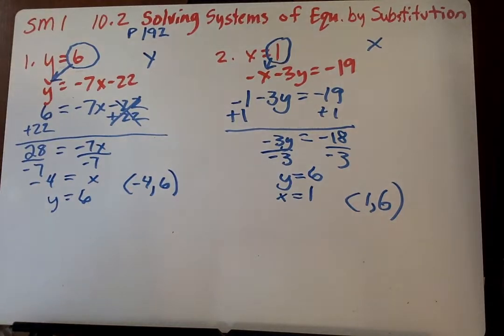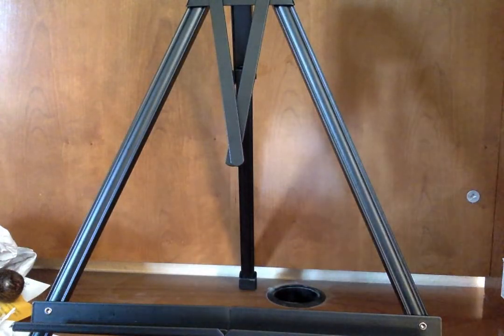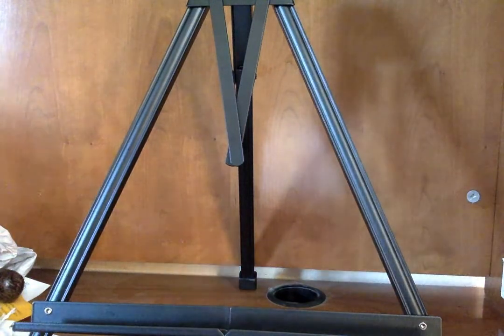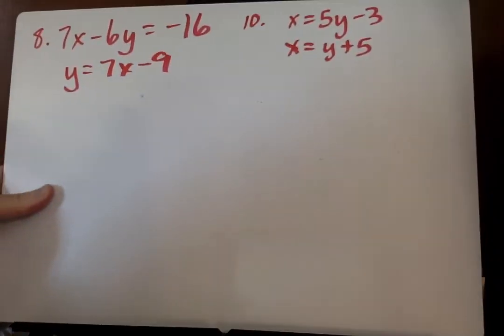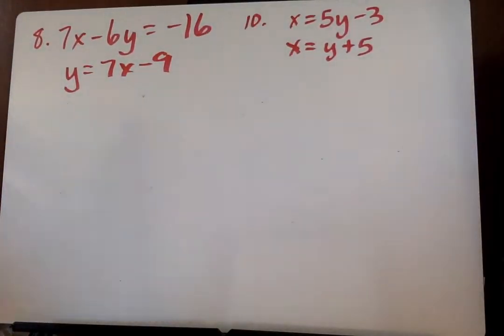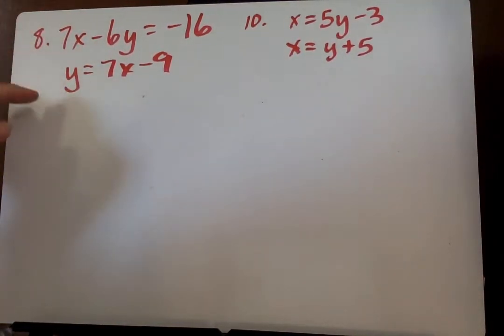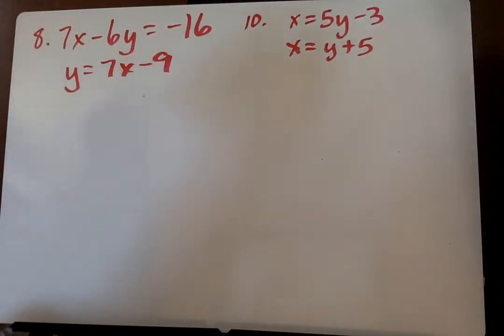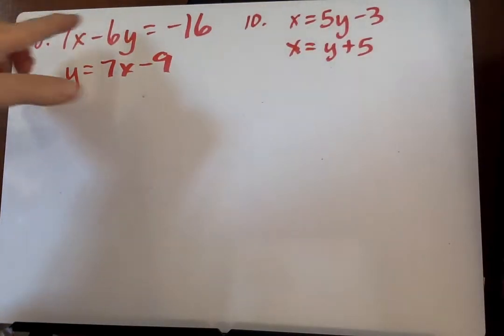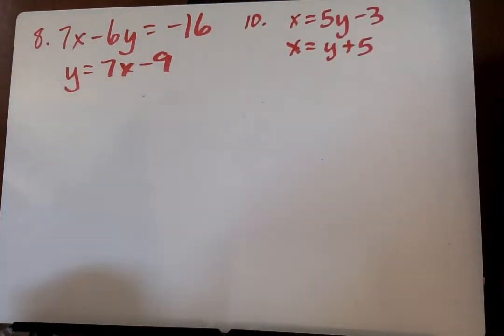Okay. Next, we are going to be going on to page 193. I'm going to jump to a couple of harder problems. Right here, we say which one is solved for y. This says 7x minus 6y, so those are on the same side, so it's not by itself.